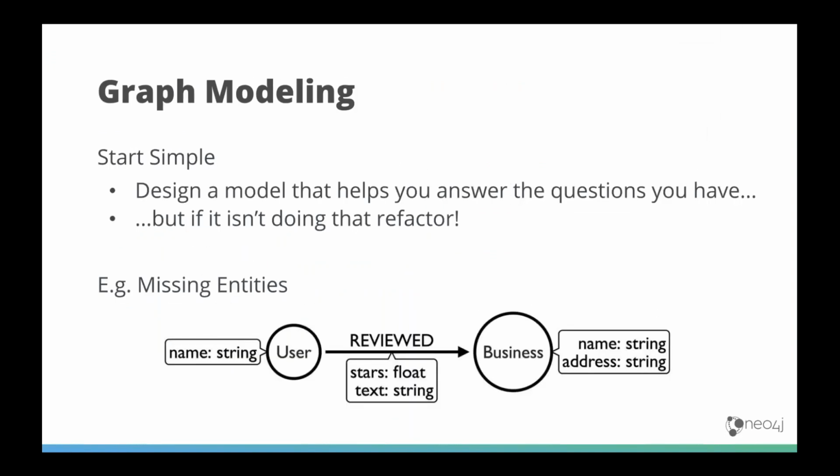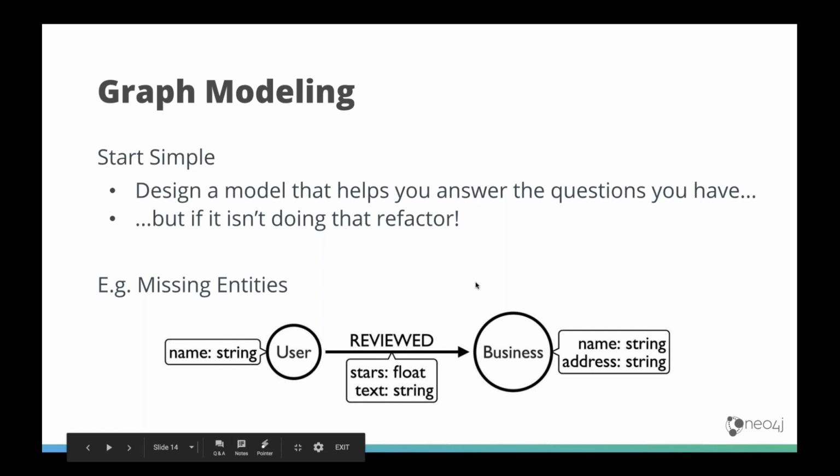Basically, what you do in graph modeling, you start with some basic entities and their relationships to answer the first questions, and then if you have more requirements or more questions, then you add to this domain. Or if you get new data sets that you want to join to the existing data set, then you can just continue to add relationships and nodes to your domain. There are some things that you should consider.